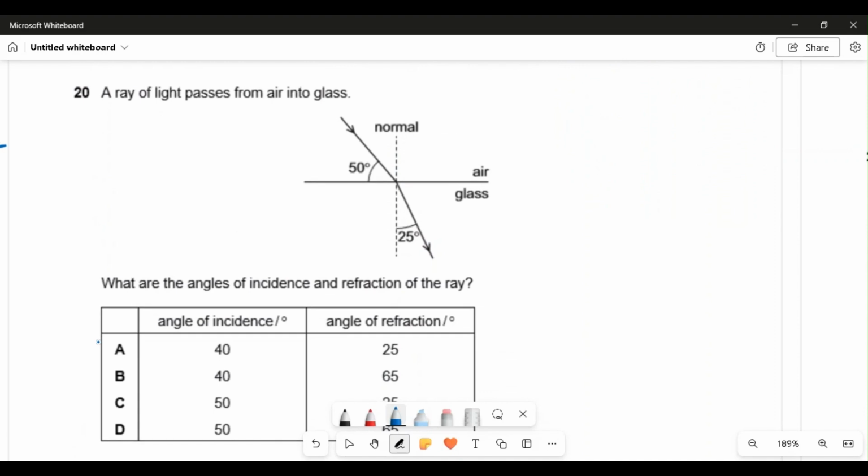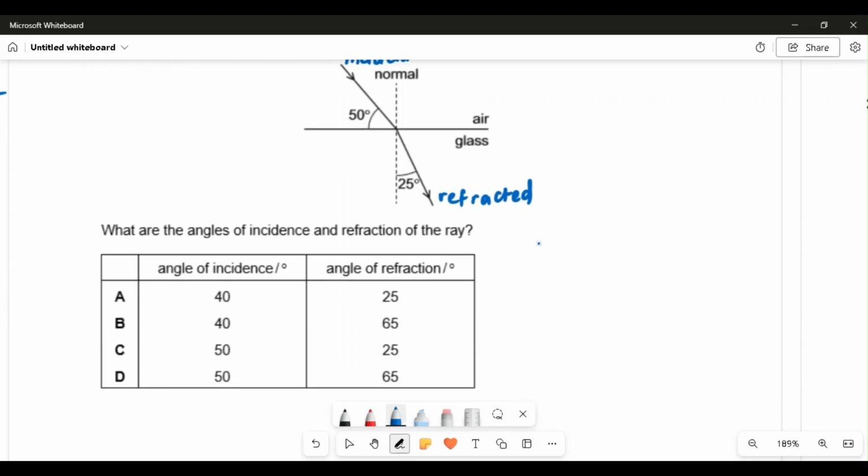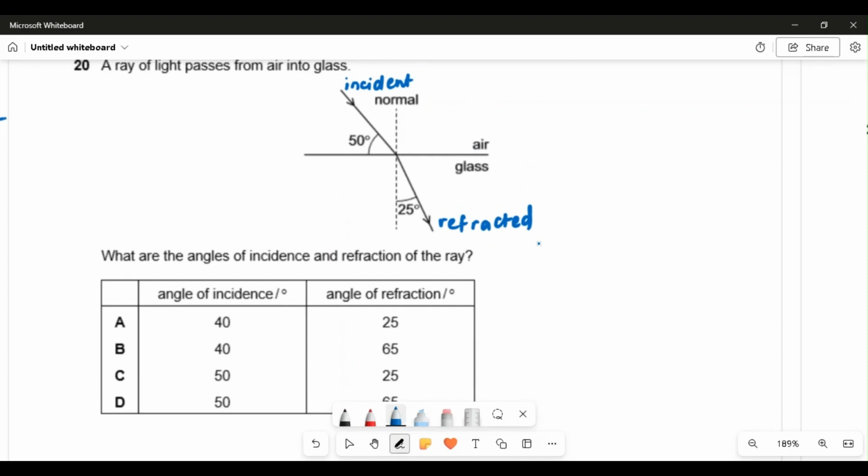Question number 22. A ray of light passes from air into the glass. So we can see the incident ray. This one is the incident ray, and the other is refracted ray. Now the question is that we have to find the angles. Incident angle is the angle of incident ray with the normal that can be seen by this one.